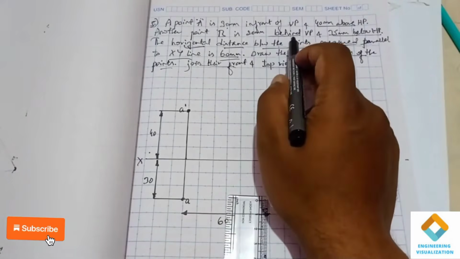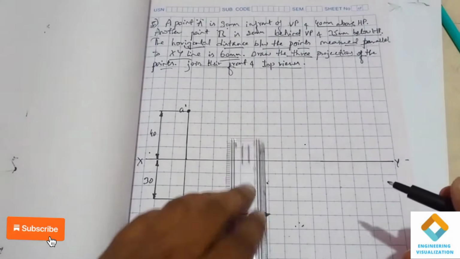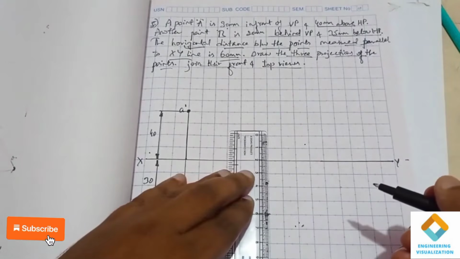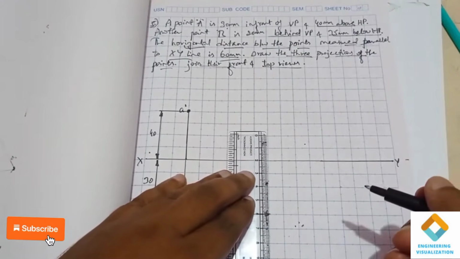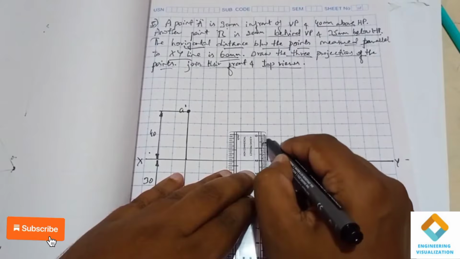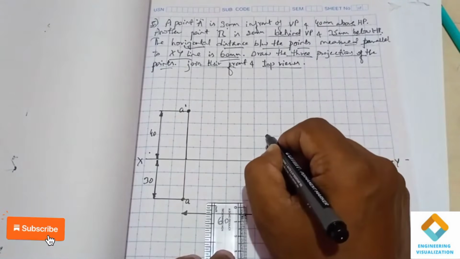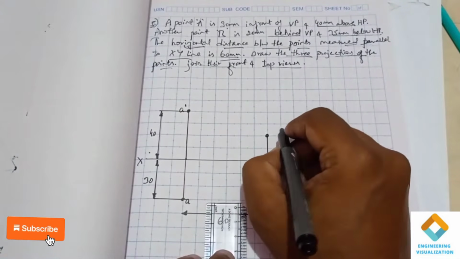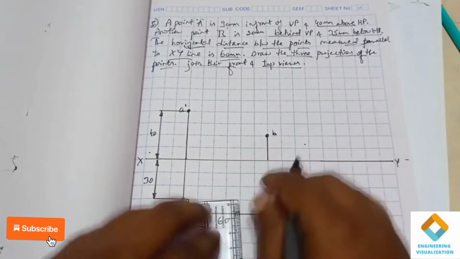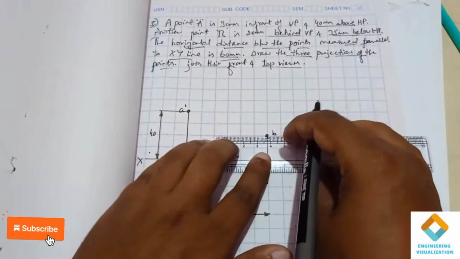You can see 20 mm behind VP. Behind VP means it is the top view. So the top view in the third quadrant we get above the XY line. So this point is the top view. This is B. I'm showing the dimension line.